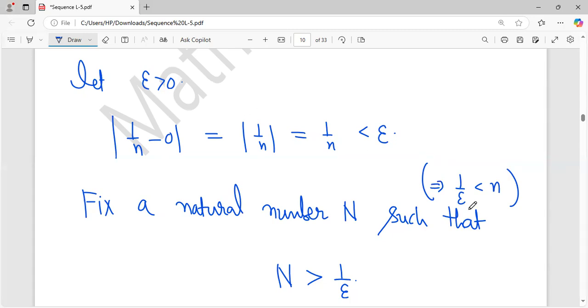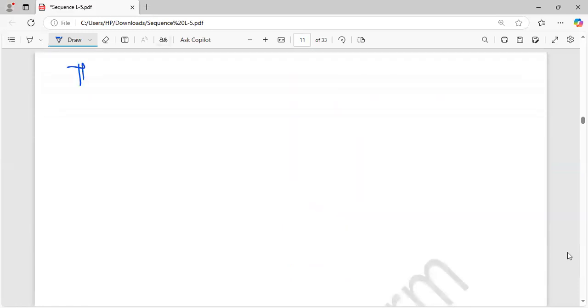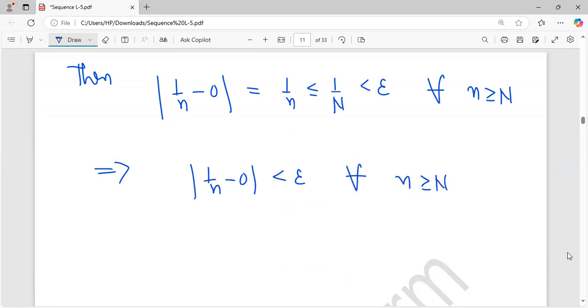Now, |1/n minus 0| is equal to 1 upon n, that is less than 1 upon N for all n greater than capital N. So this implies |1/n minus 0| is less than epsilon for all n greater than N. So this implies 1 upon n converges to 0.